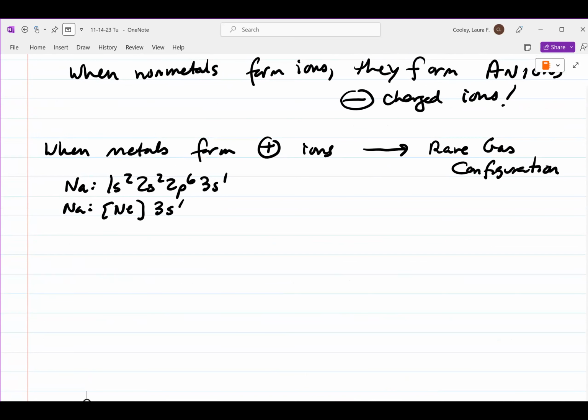So remember that when a metal loses an electron, it goes to the previous rare gas. It needs to lose one electron to get to the previous rare gas. That's what we learned at the very beginning of the semester. But now we know that it's losing this electron to become sodium with just the rare gas configuration.